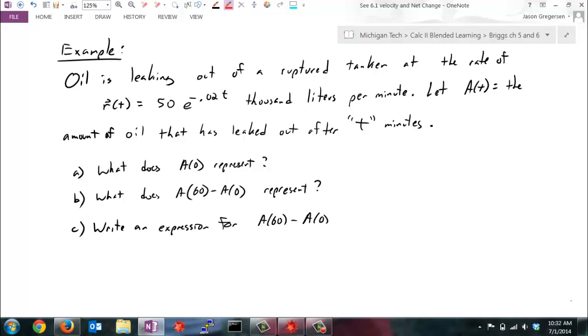We could say that's the time of the oil leakage, in which case that value would be 0, because 0 oil has leaked when it first ruptured. Or we could say that t equals 0 is when we found the leak. Right? And there could be some amount that has already leaked, in which case A of 0 would be whatever that initial amount of leakage is. Okay? And that's something we choose. We choose how we're going to define our time parameter here.